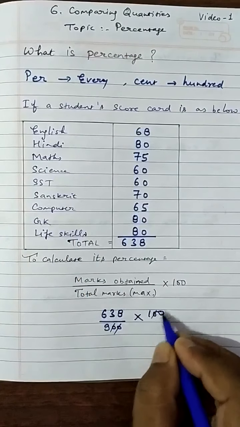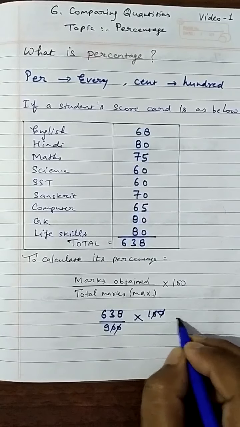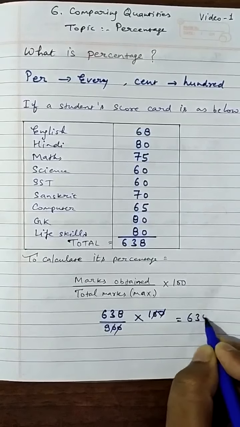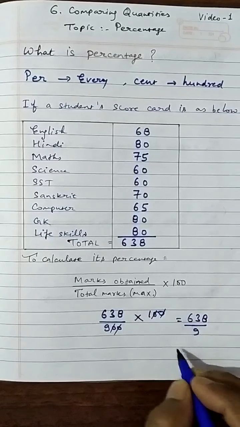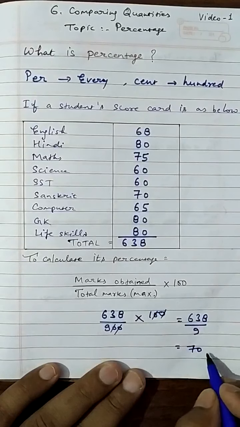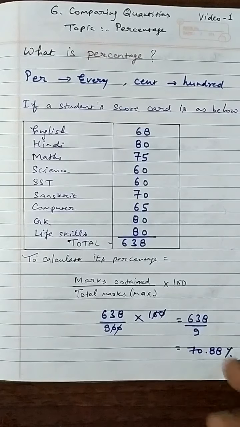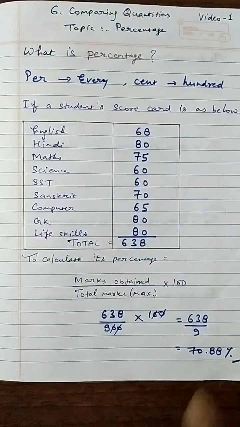The zeros are cancelled. On dividing 638 by 9, we get 70.88%. This is how we calculate the percentage.